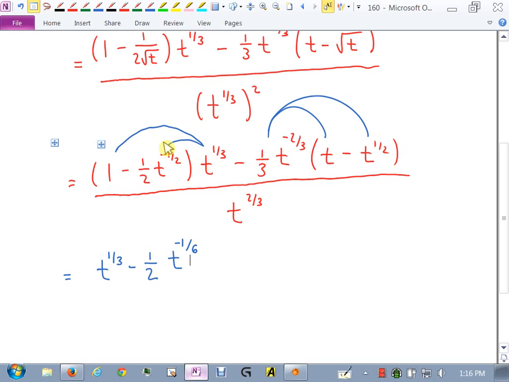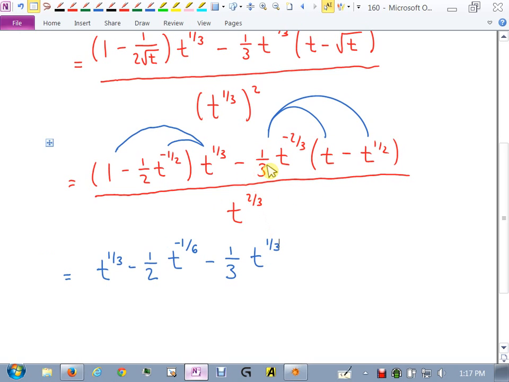We're done distributing through. Now I'm going to distribute this whole thing through, including the negative. I'm going to go ahead and bring the negative with me. Here and then here. So let's do the first one. This times t. Remember, that's t to the first power, right? So I'll have negative 1/3 t to the 1/3, because you're going to do negative 2/3 plus 1, which is going to give you 1/3.